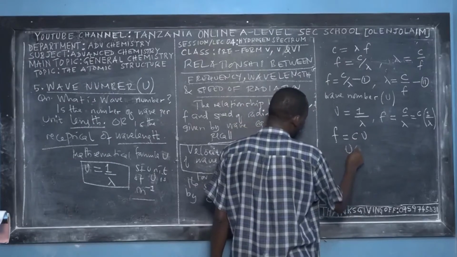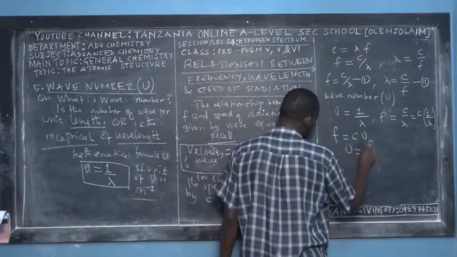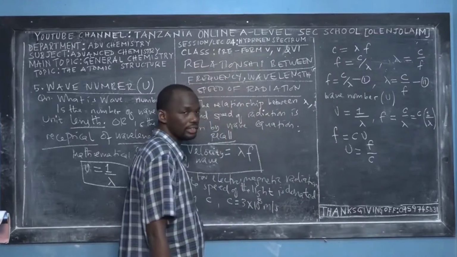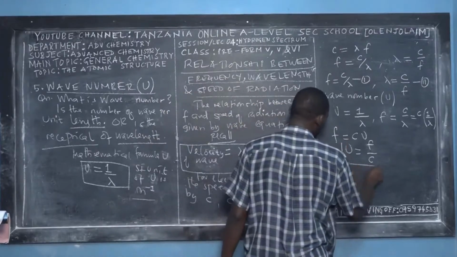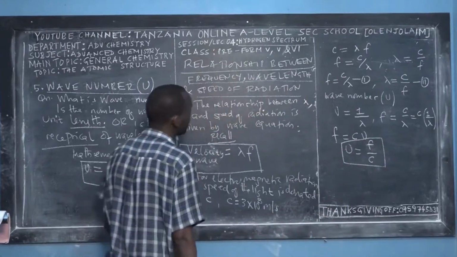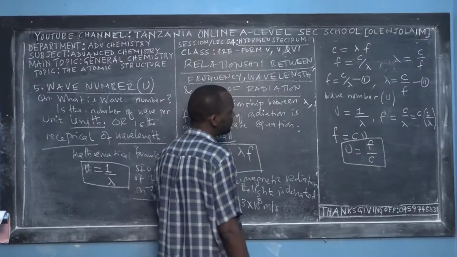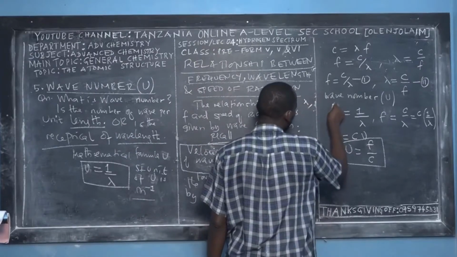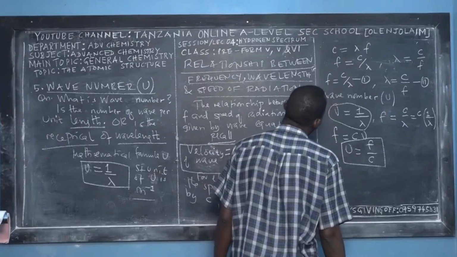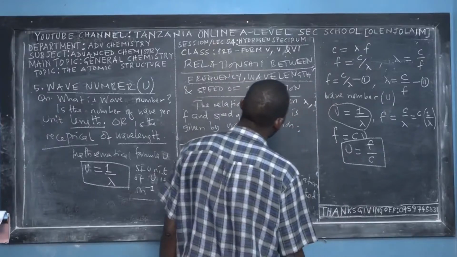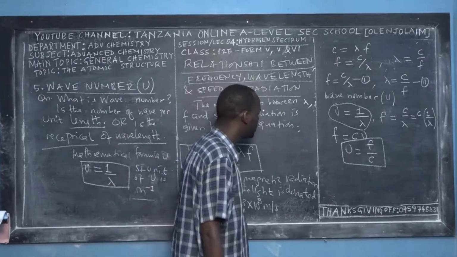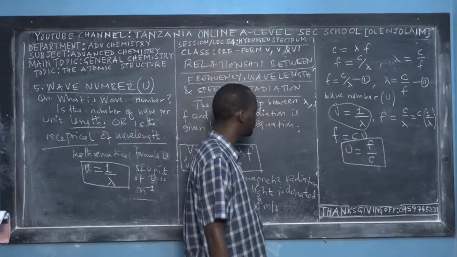So if you are looking for the wave number, you can take the frequency over the speed of the light. So this is the formula for finding wave number. But also you can have the fundamental one, that the wave number is equal to this one. So this is also an important formula. Equation 1 and equation 2 are very important, even this one is very important. So we can express the wave number in terms of wavelength, and in terms of frequency.